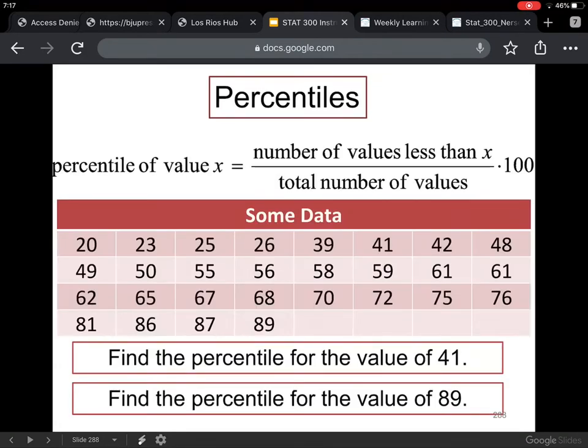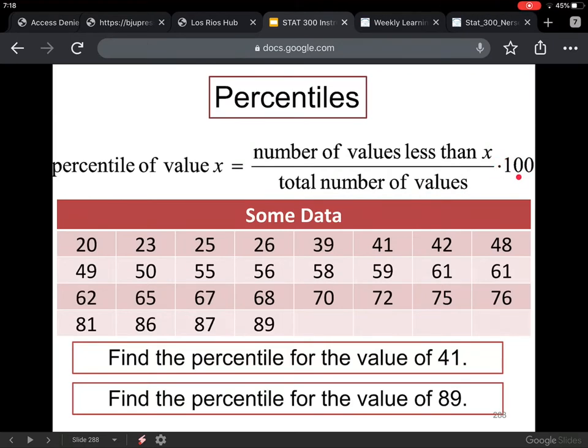So in terms of percentiles, we need to be able to calculate the percentile of a particular X value in a data set. And the formula for that is given right here. Take the number of values less than X. Please pay attention because I'm going to be asking you to do this on the quiz or test. And then divide that by the total number of values that you have and multiply by 100.